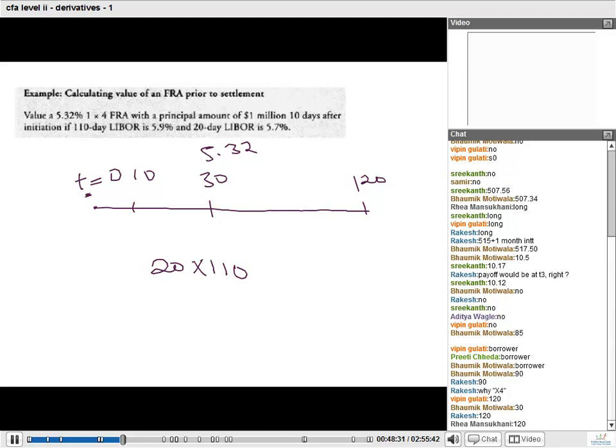So the 30 into 120 day FRA that I entered into, 10 days later will just look like a 20 into 110 day FRA. That is, it matures 20 days from now and is for a loan which has a duration of 90 days.